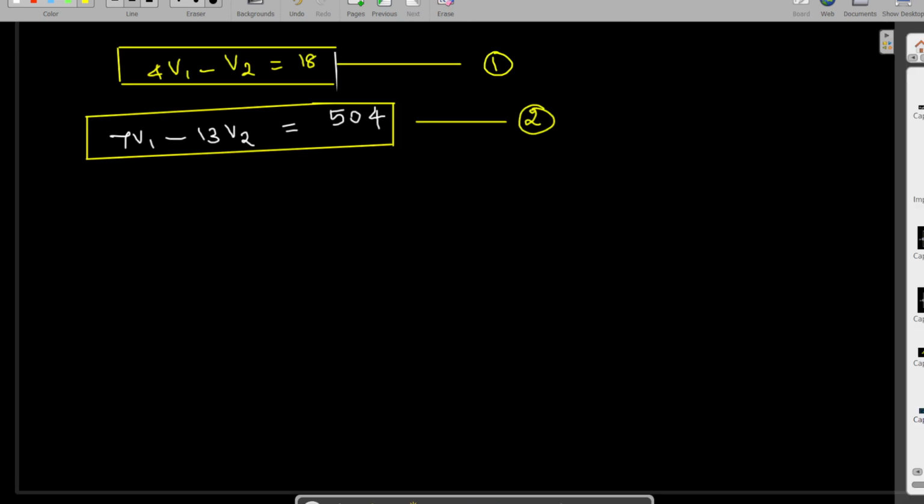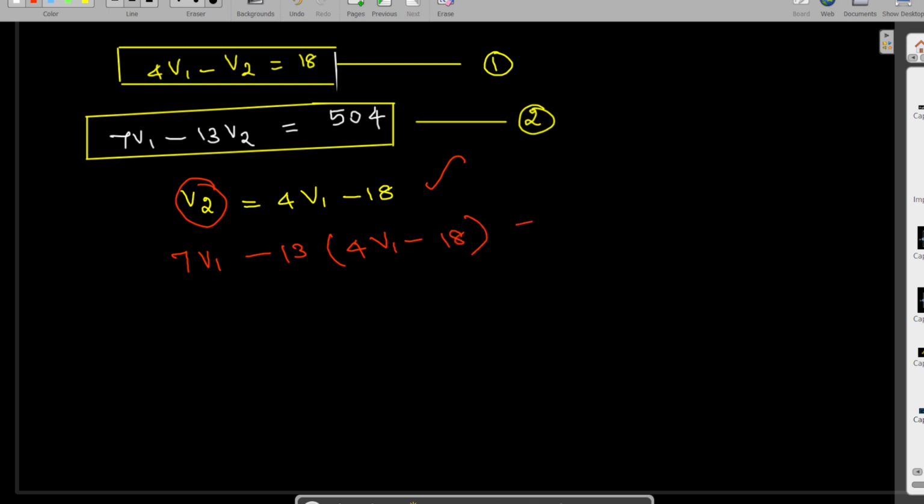Now we are going to solve this. V2 is equal to 4V1 minus 18, taken from the first equation. Now substitute this V2 value in the second equation. So you get 7V1 minus 13 into (4V1 minus 18) is equal to 504.